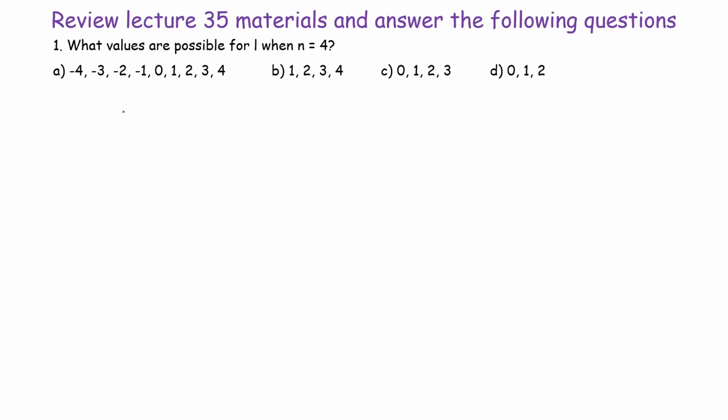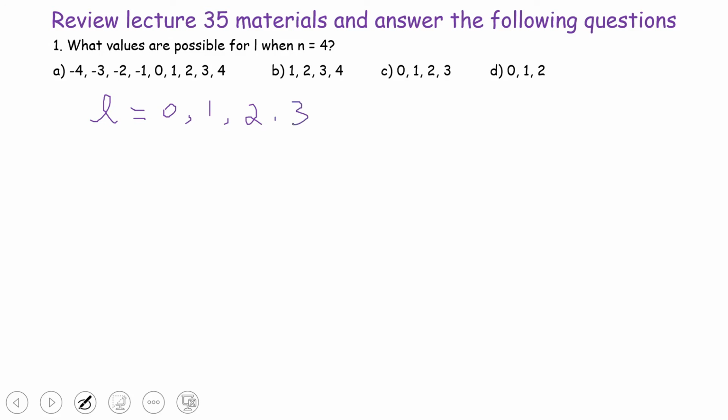Here is the first end of lecture quiz. What values are possible for L when n equals 4? Okay, when n equals 4, the L value can only be 0, 1, 2, 3.